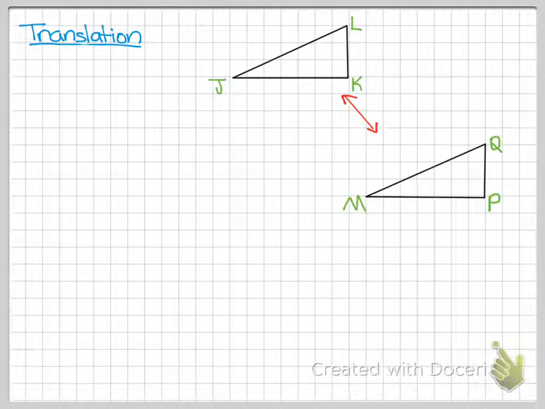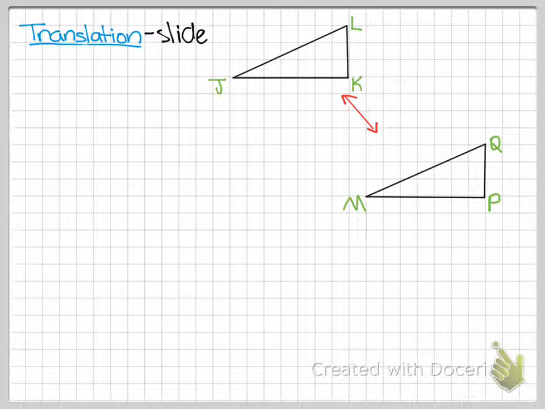So next we're going to look at a translation. A translation can also be called a slide. That's an easy way to think of it. So say you take a piece of paper on a table and you slide it over to the edge of the table. That would be a translation.